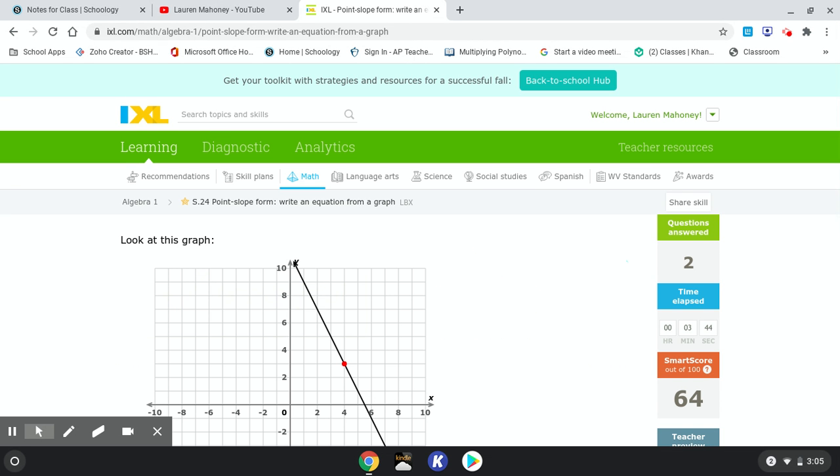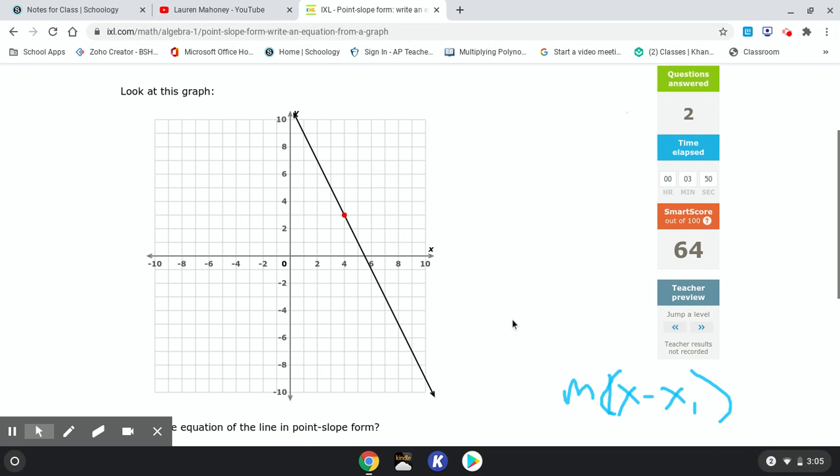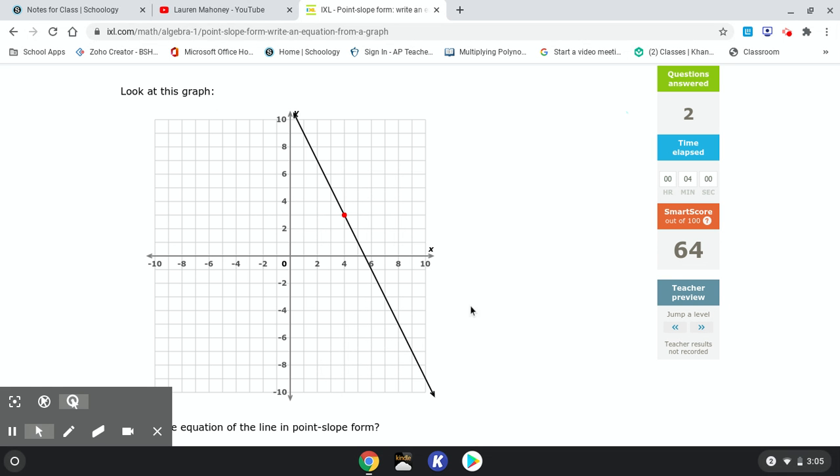Remember, in your ordered pair, the y is always the second number, the x is the first number. So y minus 10 equals my slope of 5, and then parentheses, x minus my x sub 1 value, which you can see was 6. We can submit that, and that should be our final answer there.